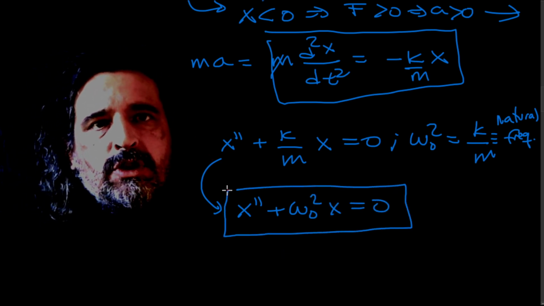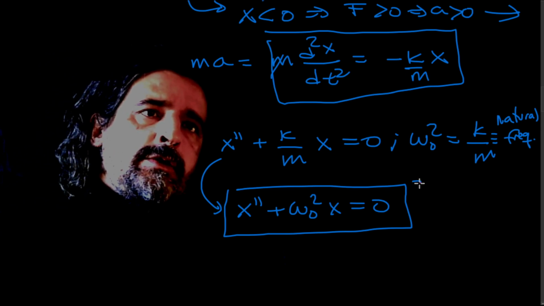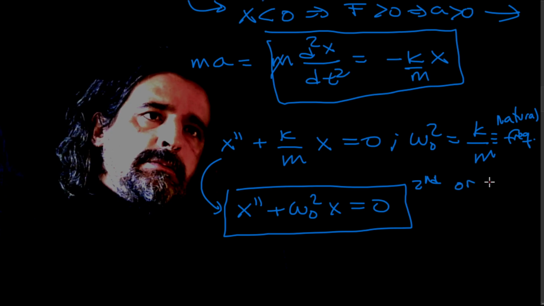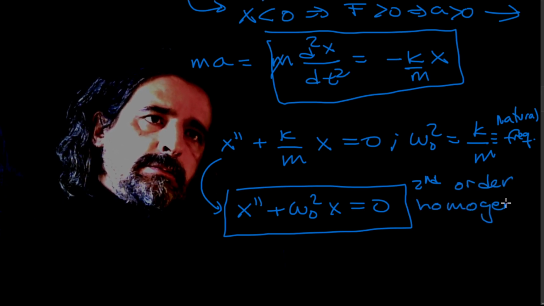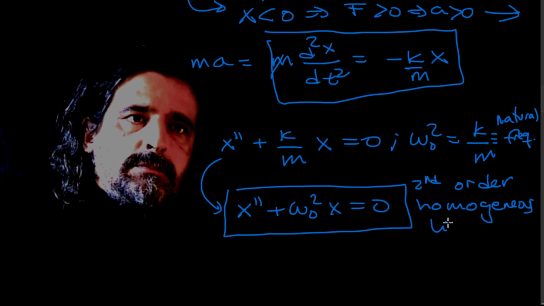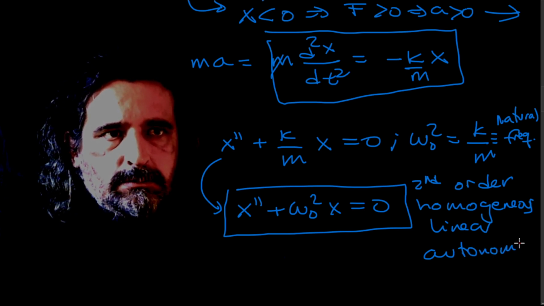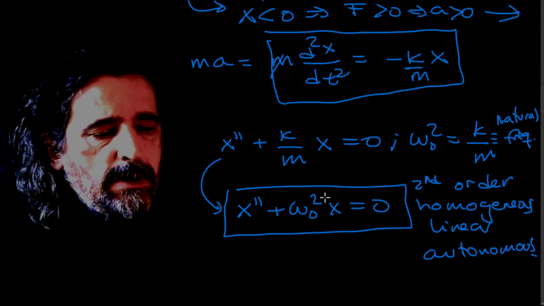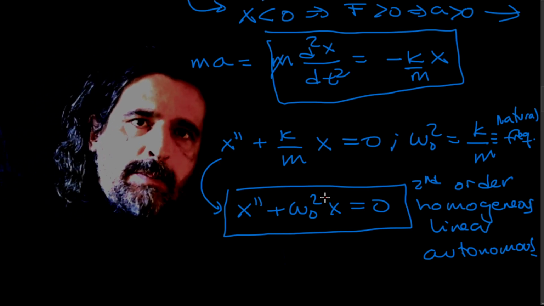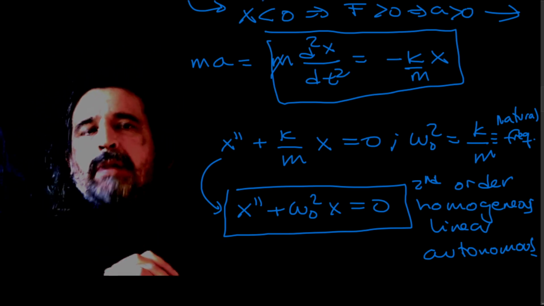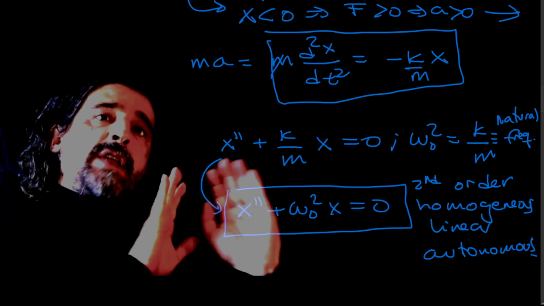Second order, homogeneous, linear, autonomous, non-separable, not easily separable, right? So that is second order.